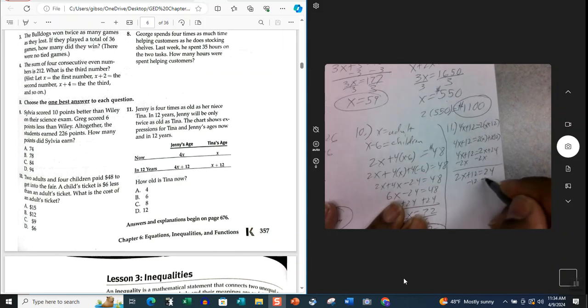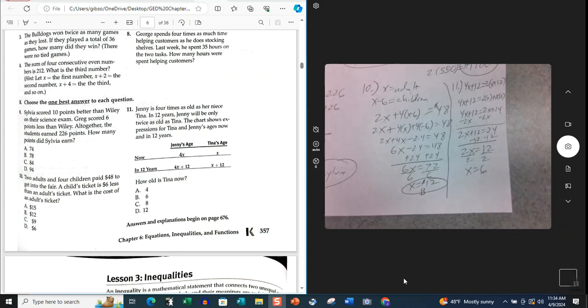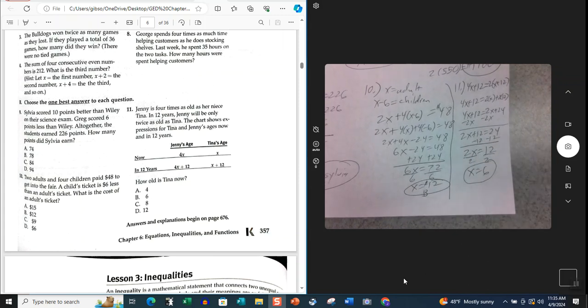We'll subtract 12 on both sides. And 2x is equal to 12. We'll divide each side by 2. And x is 6. Now, basically, what they were asking is, what is her age right now? So her age right now would be 6.